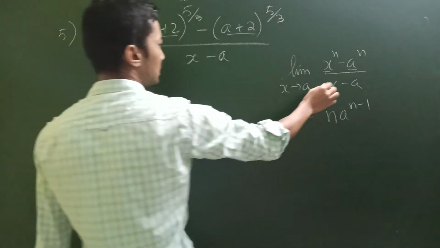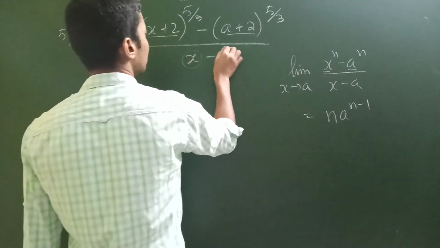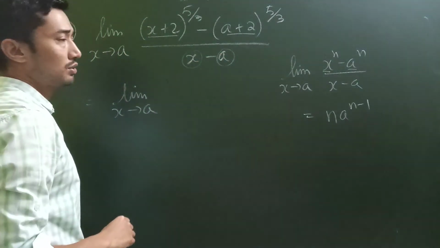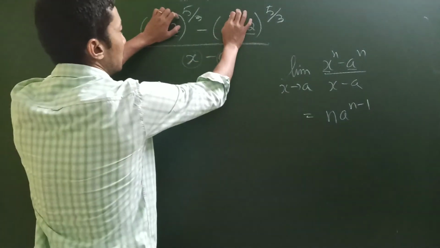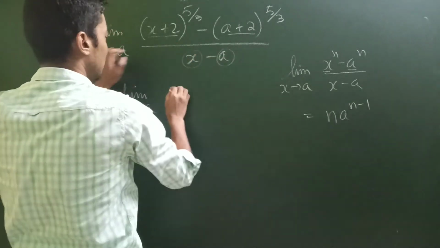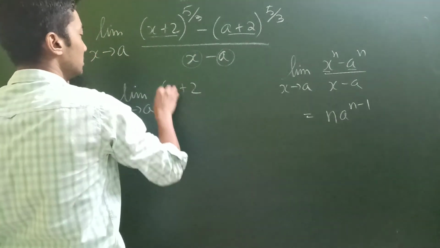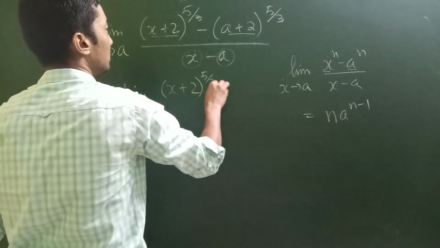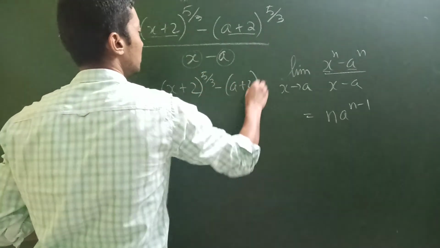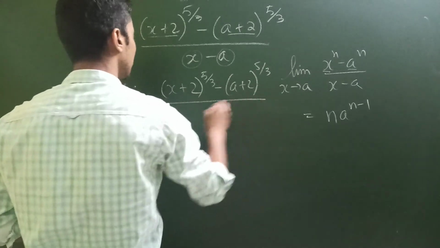So maybe if we can just change these values also to x plus 2, a plus 2, then we'll have similar terms, right? So what I'll do here is (x plus 2) to the power 5/3 minus (a plus 2) to the power 5/3.